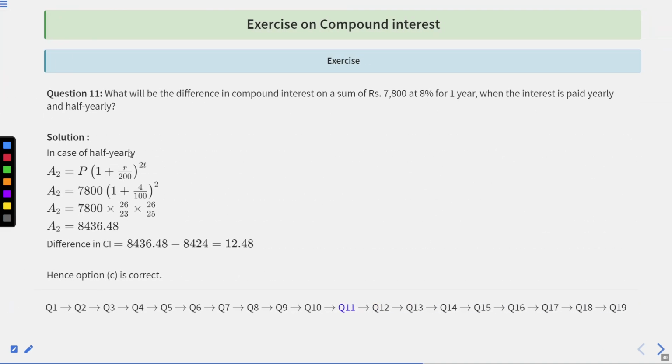In the case of half yearly, A2 is equal to 7,800 into 1 plus 4 upon 100 whole squared. So A2 will be equal to 8,436.48. The difference in compound interest is equal to 8,436.48 minus 8,424, which is equal to 12.48. So the correct option here is option C.